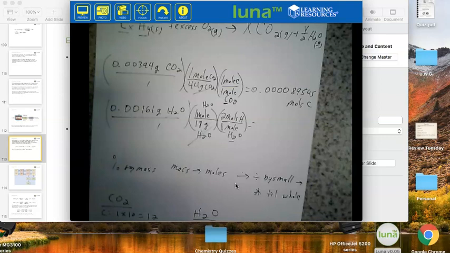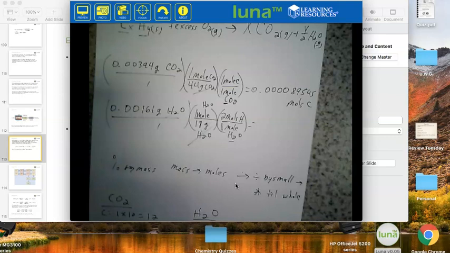It's not that hard, though. Let me do another little side thing here. For example, if you have C6H12O6 here, and these are moles, and you're trying to find out how many moles of carbon you have.